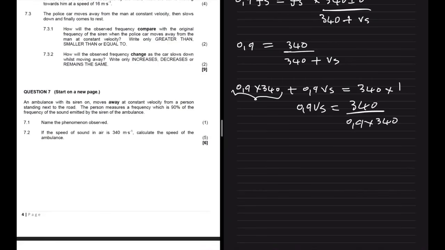Now we divide both sides by 0.9, so VS equals 340 minus 0.9 multiplied by 340, all divided by 0.9. Now it's just a matter of putting that in the calculator. Let me go ahead and do that.